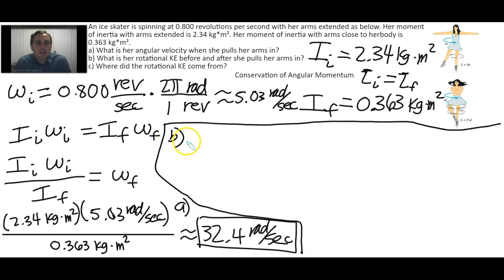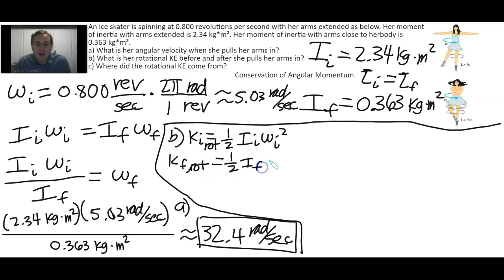Let's take a look at part B. So part B says, what is her rotational kinetic energy before and after she pulls her arms in? So before is her initial kinetic energy, and that's her rotational kinetic energy, and that's going to be 1/2 I initial omega initial squared, whereas her final rotational kinetic energy should equal 1/2 I final omega final squared. Okay, so we can put those numbers in directly.